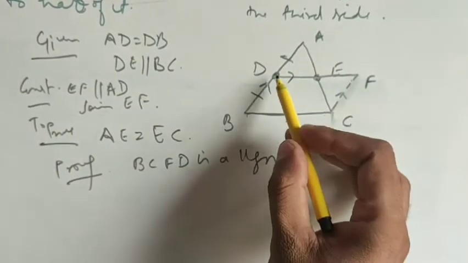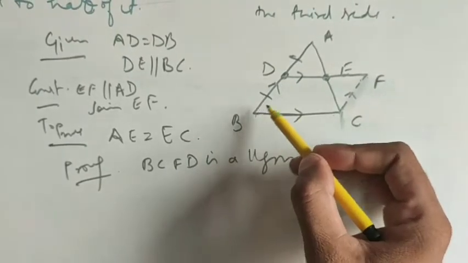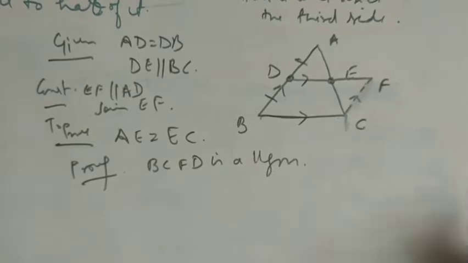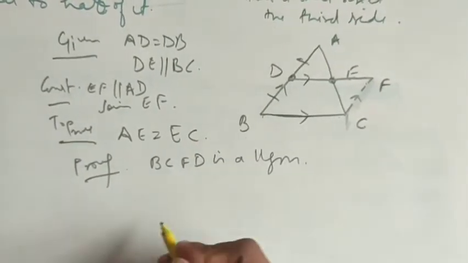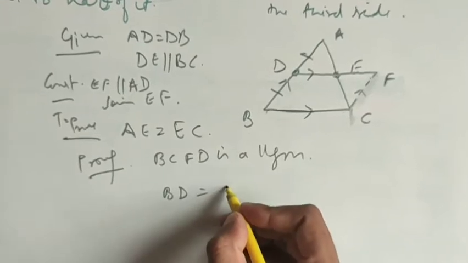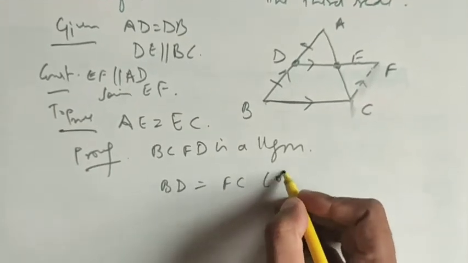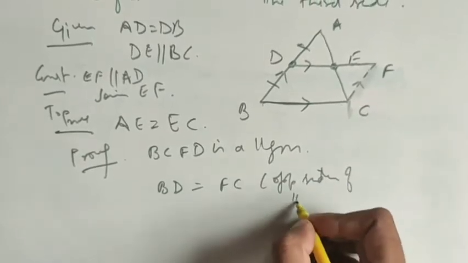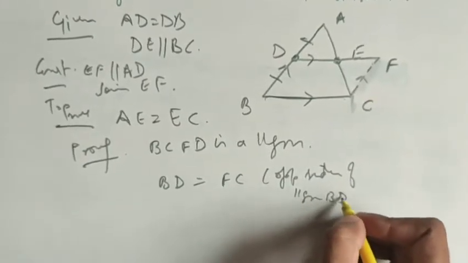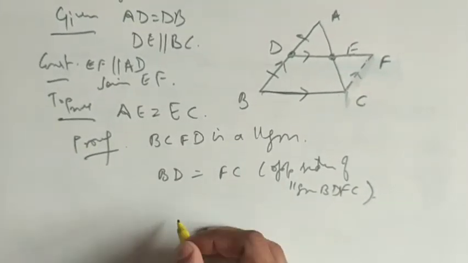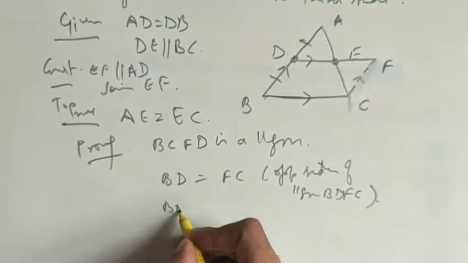Because BC is parallel to DF and DB is parallel to FC. So this is a parallelogram. And we know that in a parallelogram opposite sides are equal. So we are using BD is equal to FC because these are opposite sides of parallelogram BDFC.